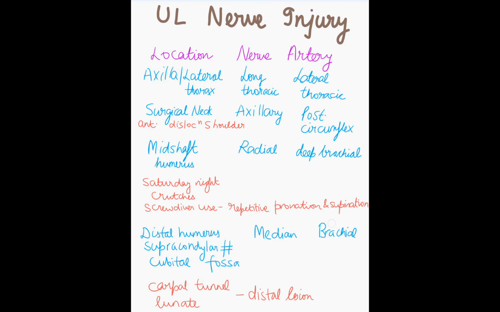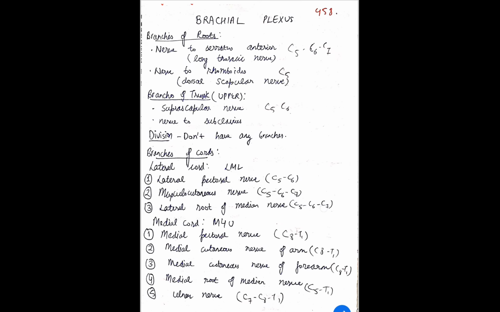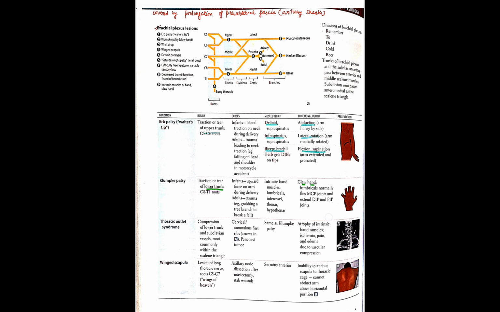Now we will be seeing the upper limb nerve injuries. Before that, firstly, we see in relation to brachial plexus. Erb's palsy is traction or tear of the upper trunk. If the upper trunk tears, which muscles will be gone? Deltoid will be gone, so abduction will be gone, and the arm will hang by the side.